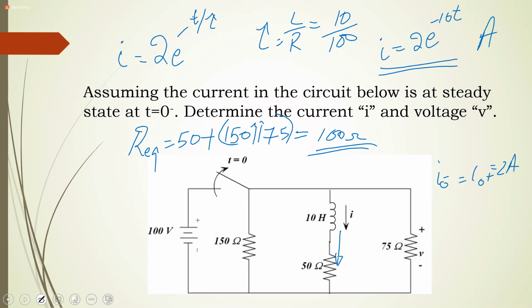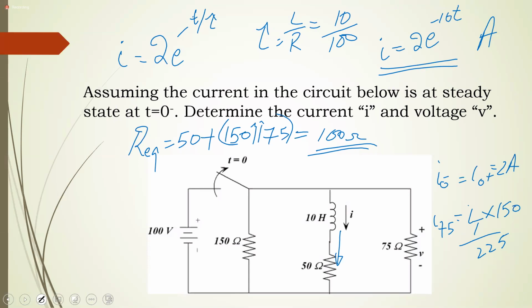So if I use the current divider, I75 would be equal to IT times 150 over 225. Would you agree with that? Yes, sir.